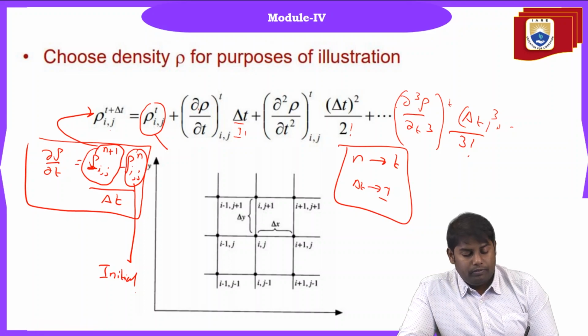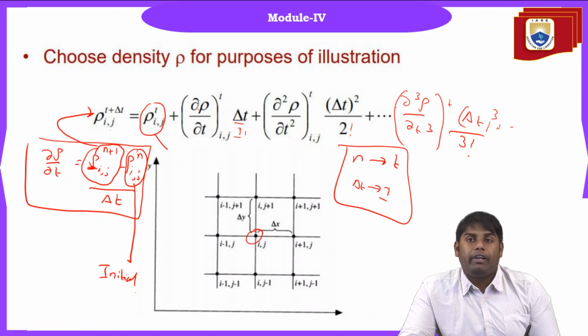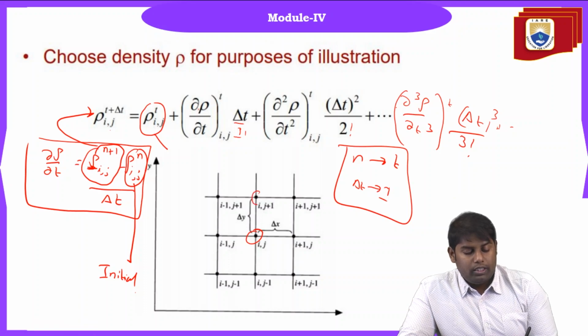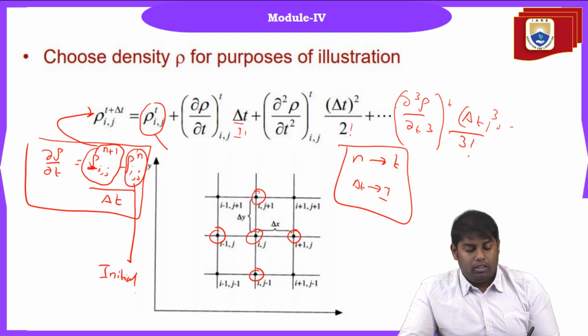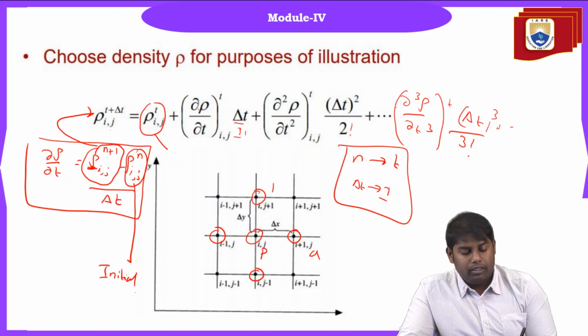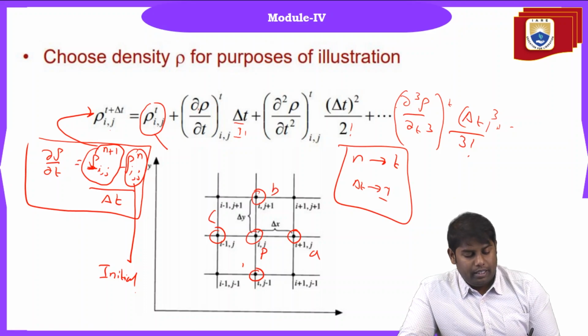Fine. Now this is the point of interest. So this is the neighboring point, this is the neighboring point, and this is the neighboring point, and this is the neighboring point. So this is point of interest P, this is A, this is B, C, and D. So A, B, C, D, basically these are the neighboring points. Fine.